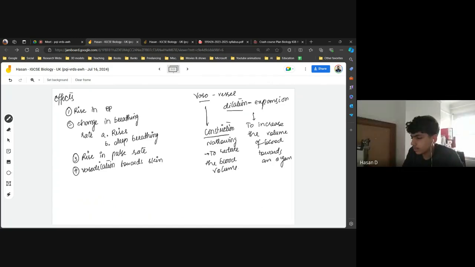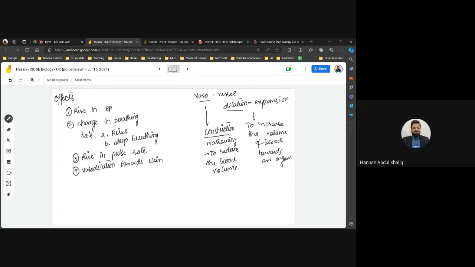No. We don't need kidneys, bladder or pancreas while running, so we reduce the supply of blood towards these organs. This is called vasoconstriction.